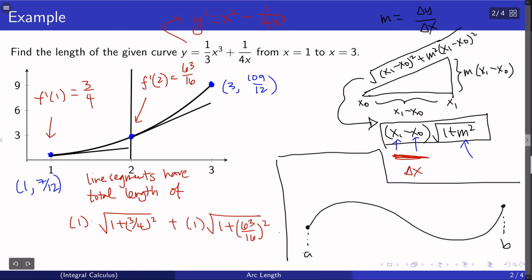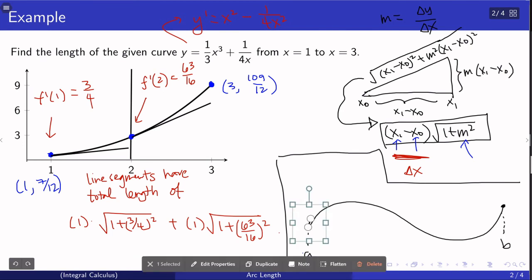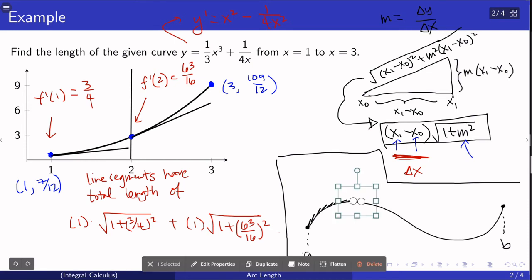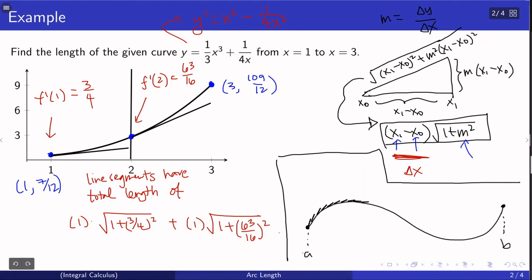Well, what's going to happen is you're going to get many small line segments that sort of follow the tangent line from the left endpoint of each subinterval to give you an approximation of the length of the curve in that really tiny subinterval. Okay, that last one wasn't really accurate there, but you get the picture. So it's going to start going down, and so on and so forth.